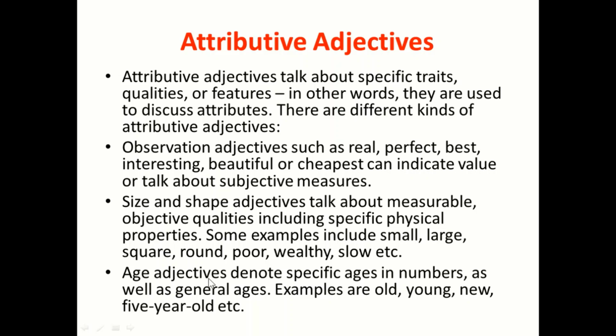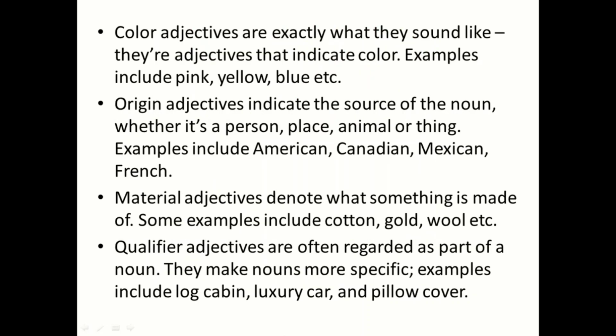Then age adjectives denote a specific age in numbers as well as general ages. For example, old, young, new, 5 years old, etc. Color adjectives are exactly what they sound like. They are adjectives that indicate colors. Examples include pink, yellow, blue.